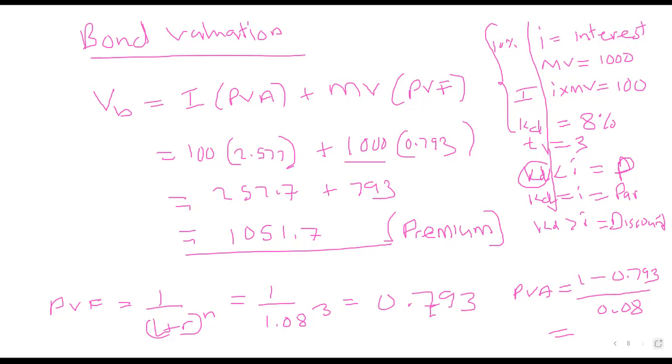Now this same bond, if it is a semi-annual bond at the same parameters, the market rate is 8%, the coupon interest rate is 10%, the maturity value is 1,000, and the time in years is 3.